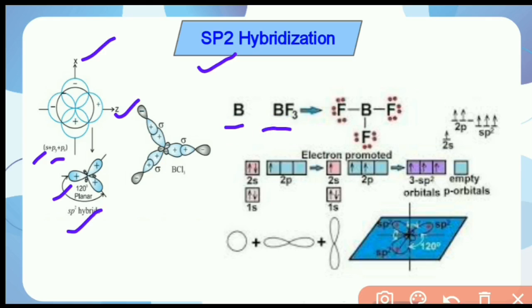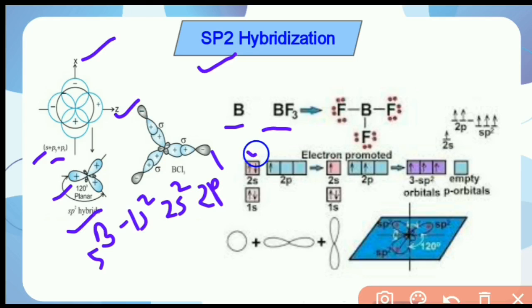The electronic configuration of boron is 1s2, 2s2 and 2p1. In 2s a paired electron is present, and in 2p one half filled electron is present. So in the ground state it is not able to form 3 bonds with fluorine.